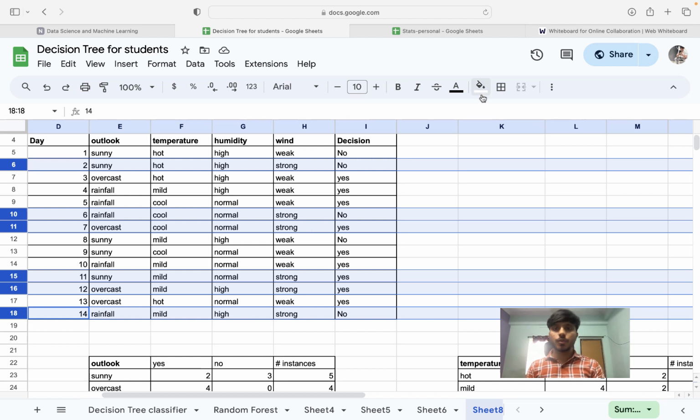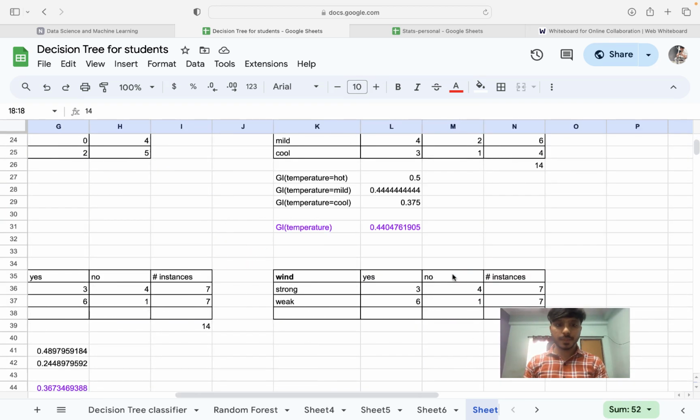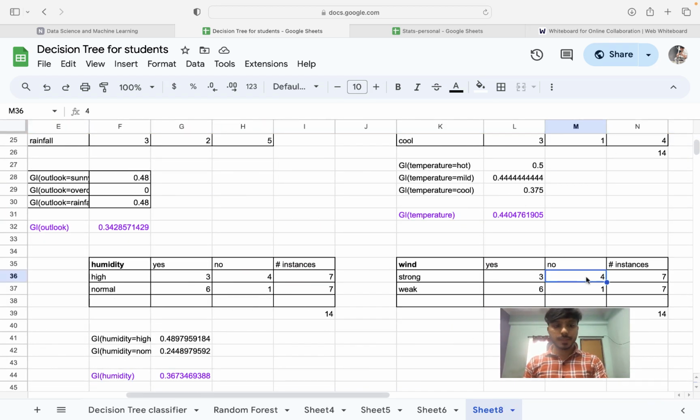Okay, 6 strongs I have. So let me differentiate them from the rest. Did I miss anything? No. So 1, 2, 3 yes and 3 no's. Okay, perfect. So let me write them here: 3 yes and 3 no's, and total are 6.